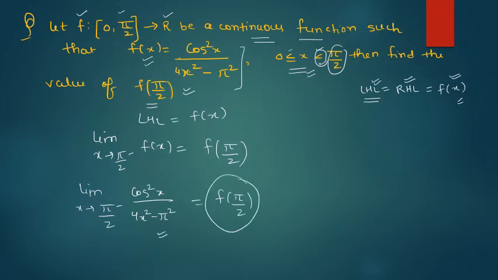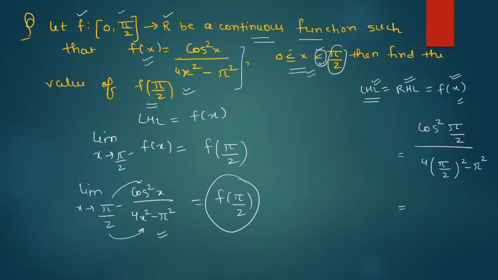Now solve the left hand side. If you put pi by 2 in place of x, you will get cos square pi by 2 divided by 4 times pi by 2 square minus pi square.